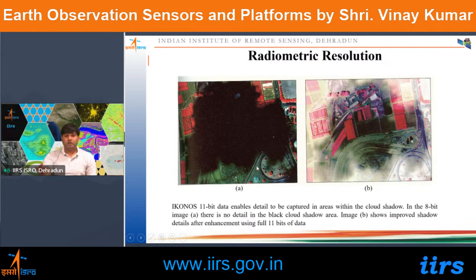You can see with the radiometric resolution of data, when the data uses only 8-bit radiometric resolution, the shadow part is not able to provide information about what is in the shadow. But when we utilize the 11-bit resolution, you can see the features beneath the shadow are now clearly visible or interpretable over here.